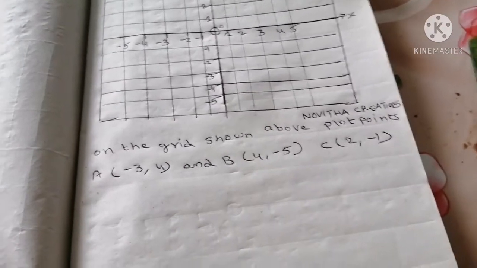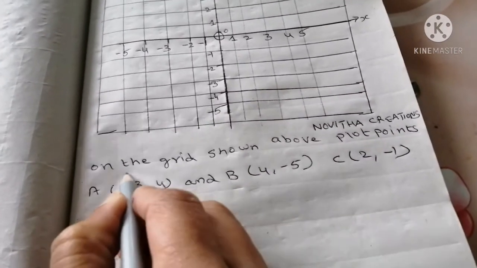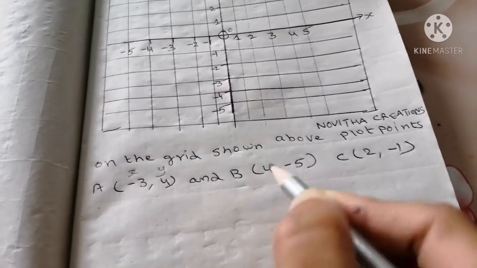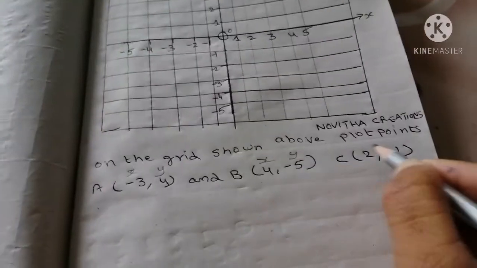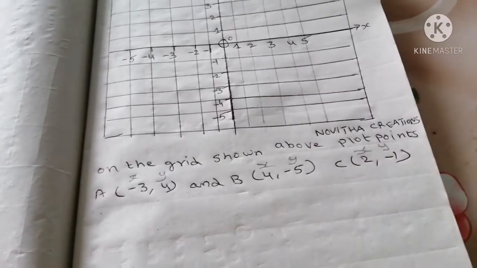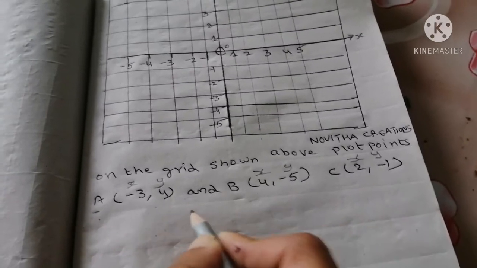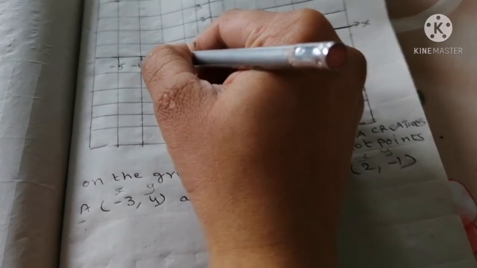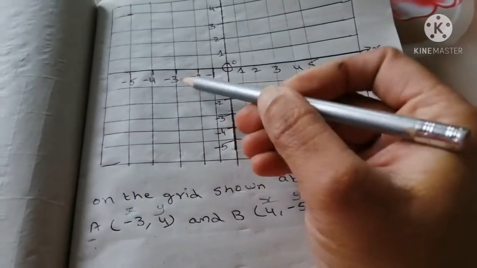So we need to know minus 3 is on x-axis, 4 is on y-axis. Same like this. And first we will plot A, minus 3 comma 4. So minus 3 is here on x-axis.